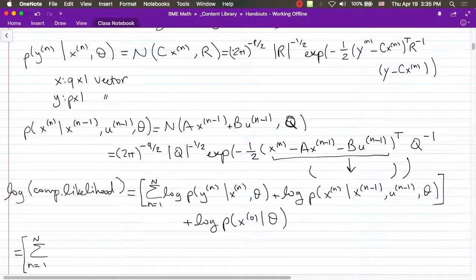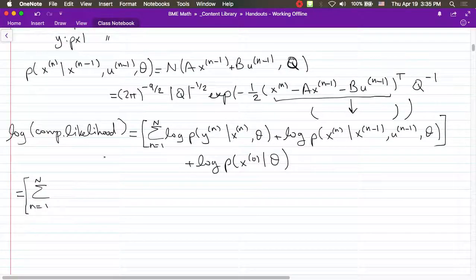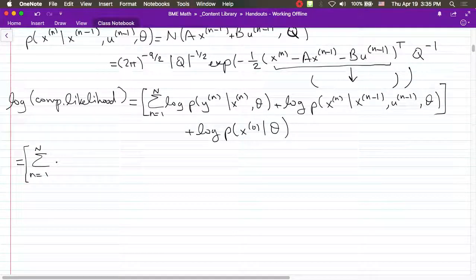It's going to have some constant terms in the front. It's going to have log of this determinant and then log of this exponential. So let's begin with the log of the exponential.